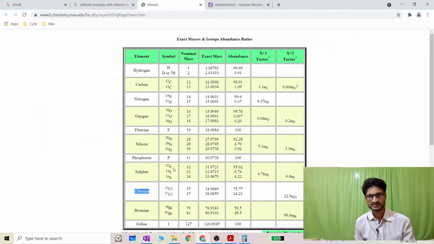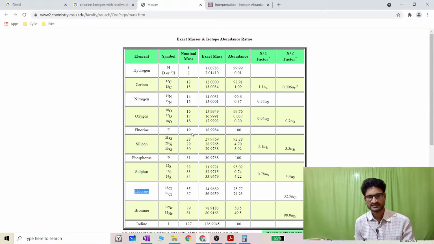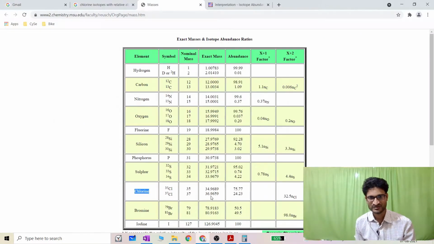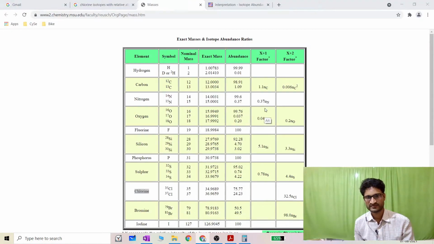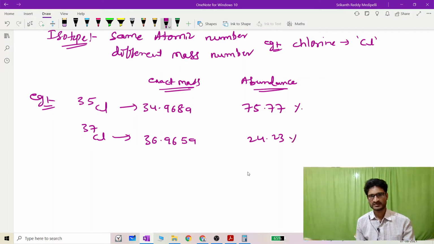This one has 36.9659. Both are very similar, right? Like the last four decimal places. Okay, and we need to know the abundance. That's 75.77, and we have 24.23 for this one. Usually it is in a percent value. We can take it as percent value.